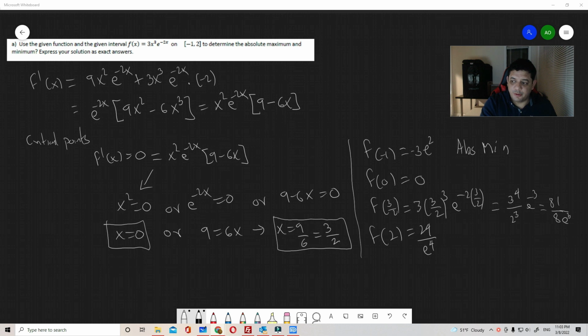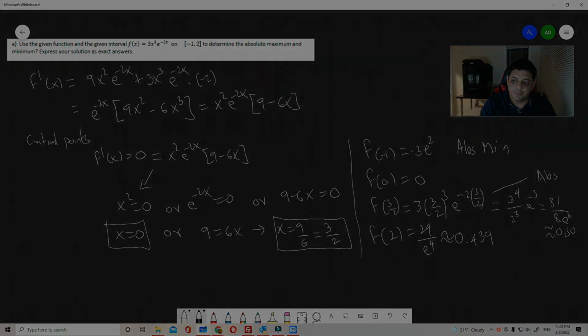So after computing, this is going to be approximately 0.44, and this is going to be approximately 0.50. So in this case, the largest value is this, and this will be our absolute max.